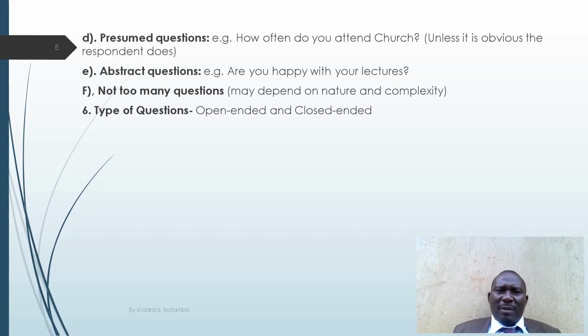Unless you're very sure that this person goes to church. So what would have been the first question? Do you attend church? And if the person says yes, then you proceed to ask how often do you attend church. That becomes a better way to ask.